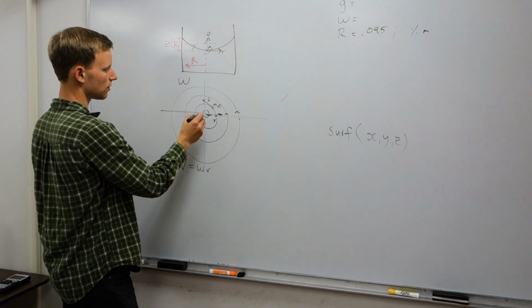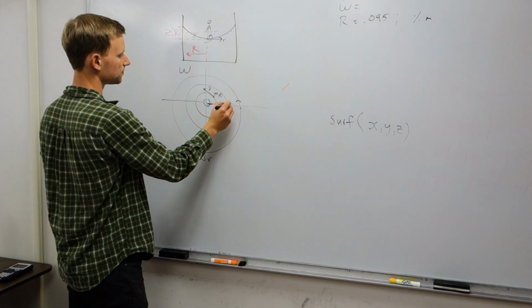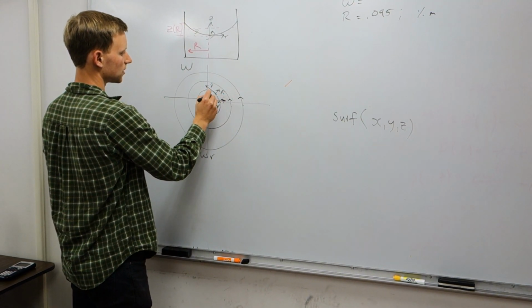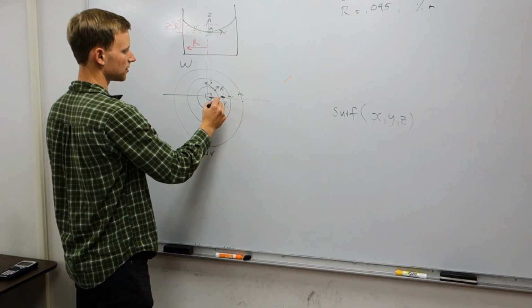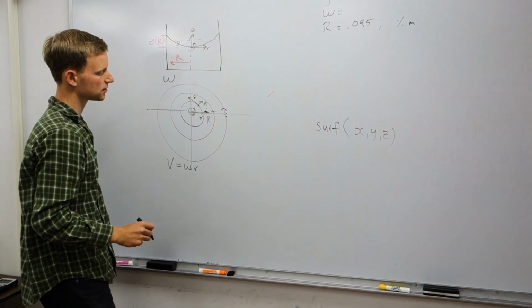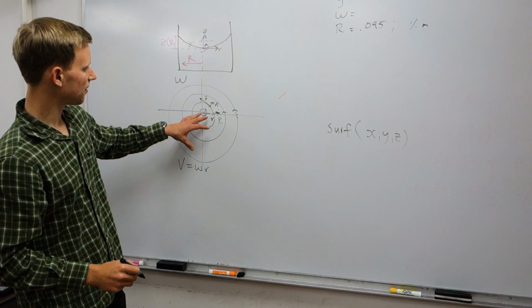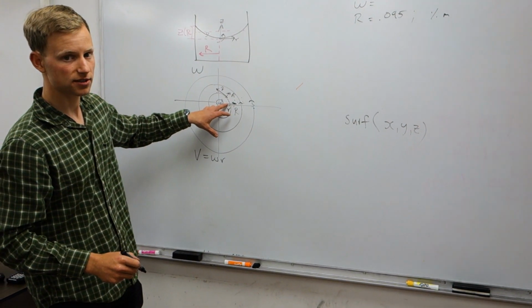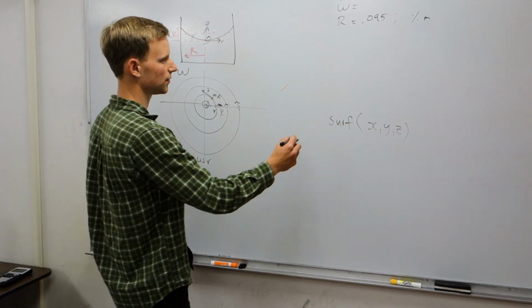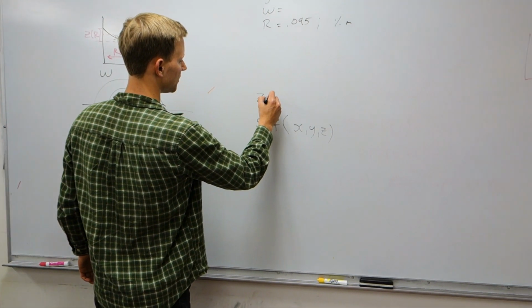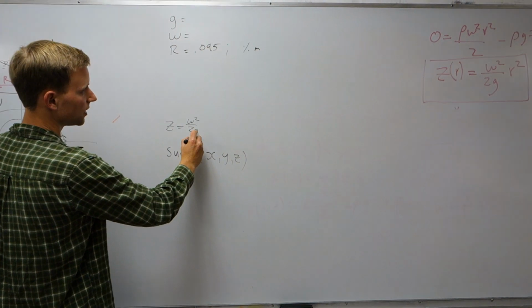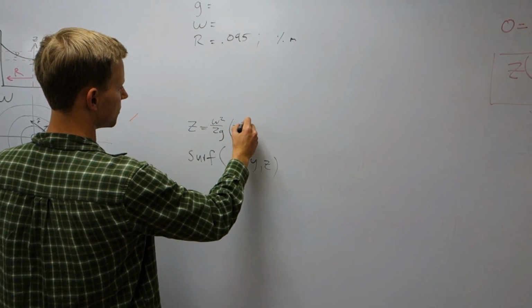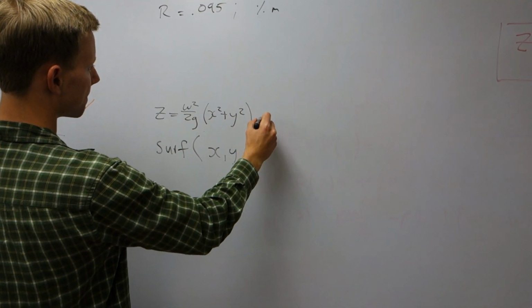What we'll want to do is create a series of points in this domain, within this radius, this capital R radius. And we're going to want to apply our equation for the free surface to every single one of those points. So we can say z equals, we had omega squared over 2g times x squared plus y squared.